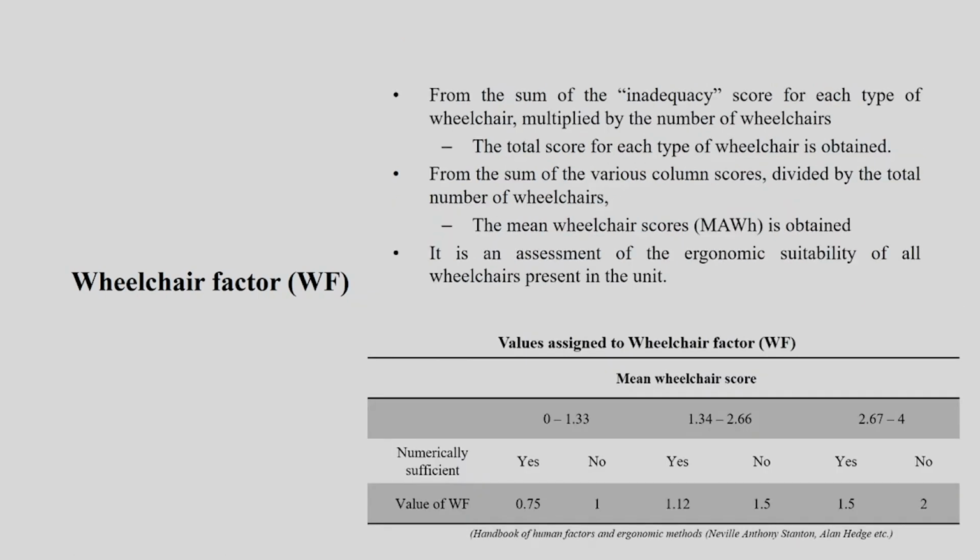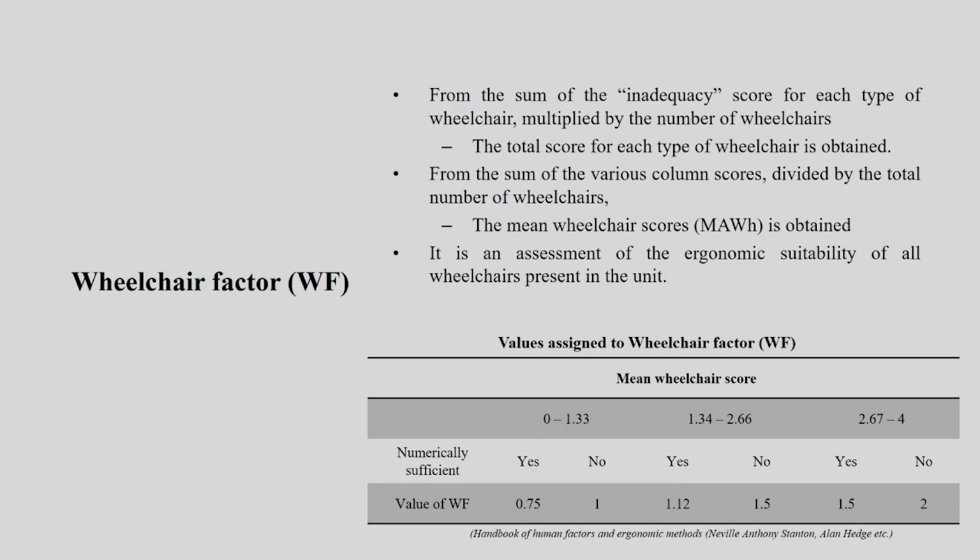From the sum of the inadequacy score for each type of wheelchair multiplied by the number of wheelchairs, the total score of each type of wheelchair needs to be obtained. Then from the sum of the various column scores divided by the total number of wheelchairs, the mean wheelchair score will be obtained.